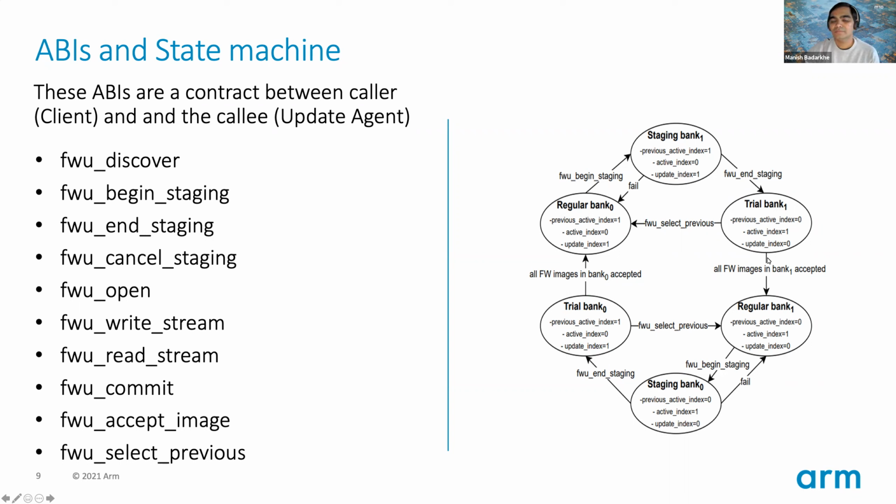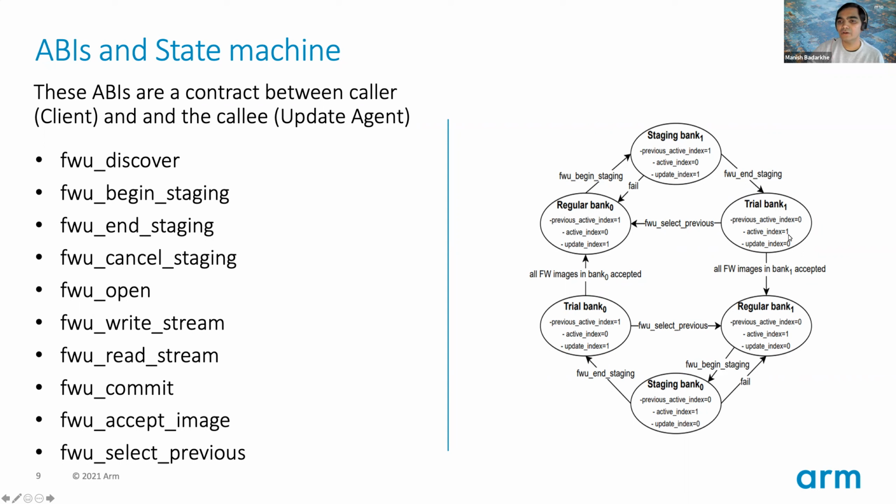Now we are in the trial run. The image is updated into the flash, and that is in bank 1. Once the reboot happens, the TFA will come into the picture. TFA will take this active index 1.